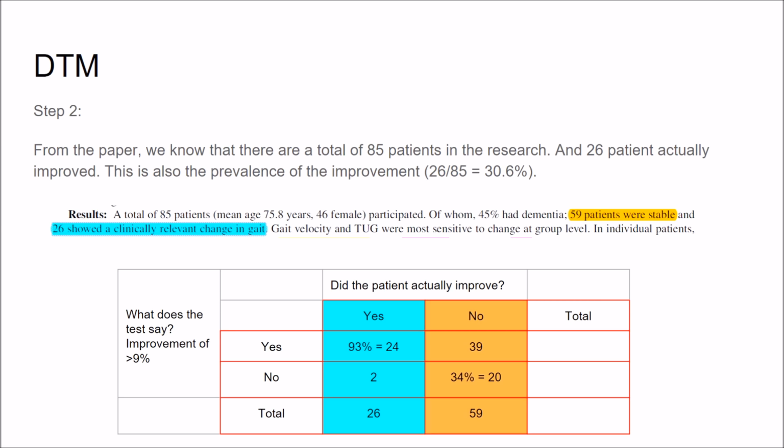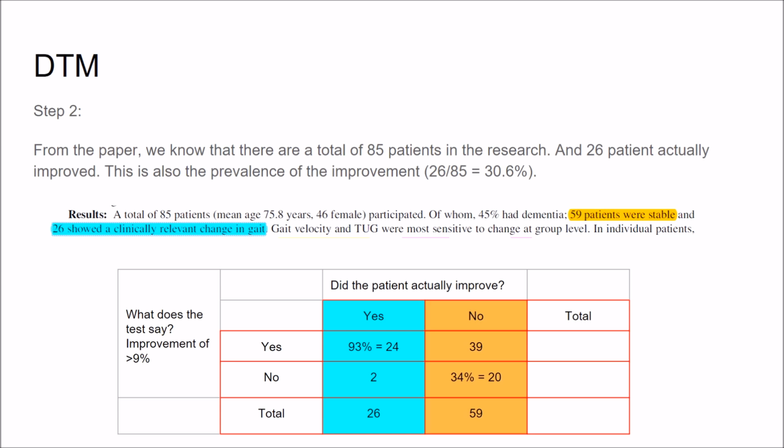Now, I've also filled in the other two boxes where the 1 minus specificity and 1 minus sensitivity sit. It's quite simple. If you look at the column that has been colored blue, we already know the total, which is 26 patients who actually improved, and we also know that the sensitivity of the test is 93%.